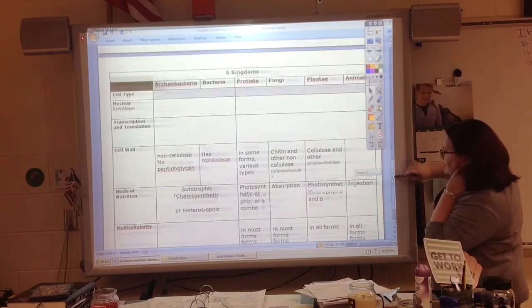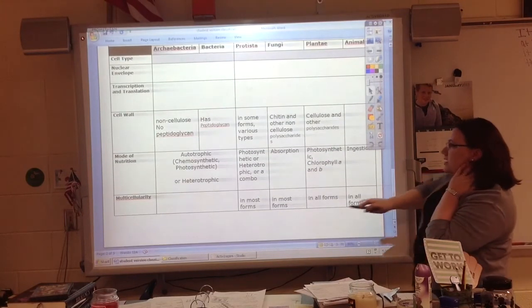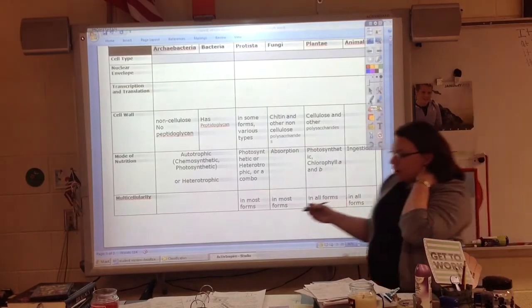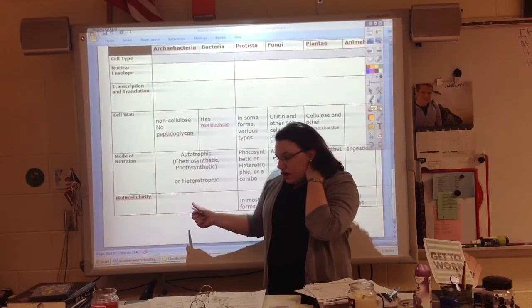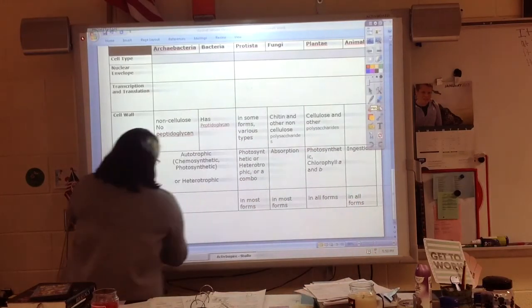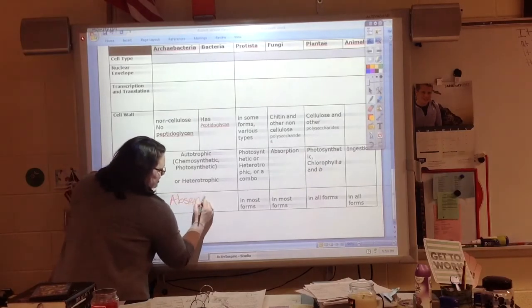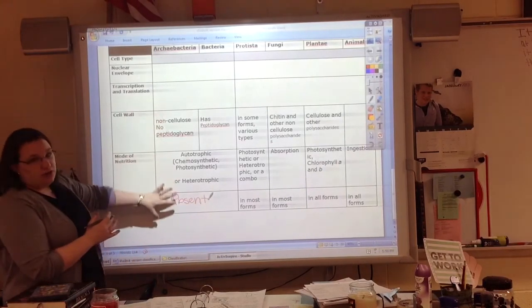And then the last category that we have there is multicellular. For archaeobacteria, that category is absent because they're all unicellular.